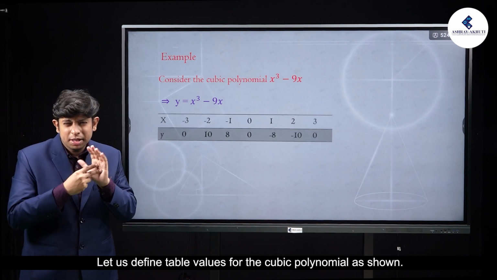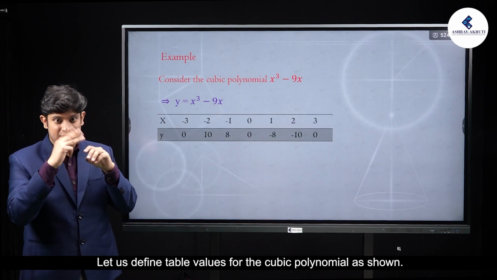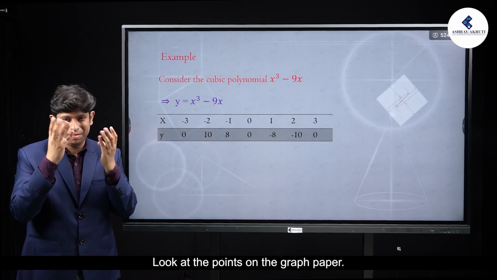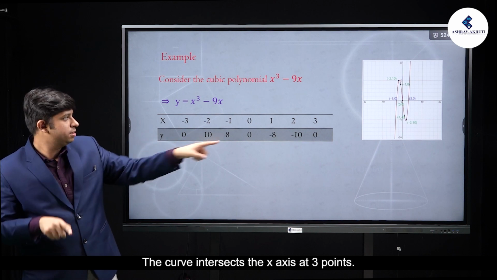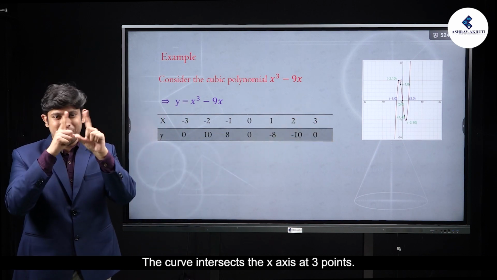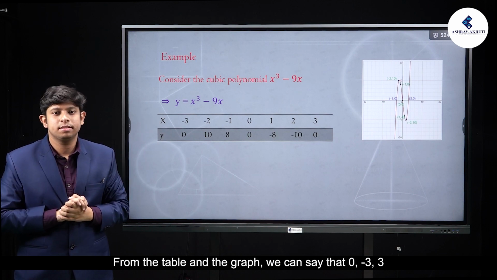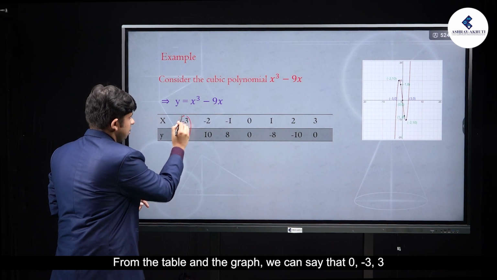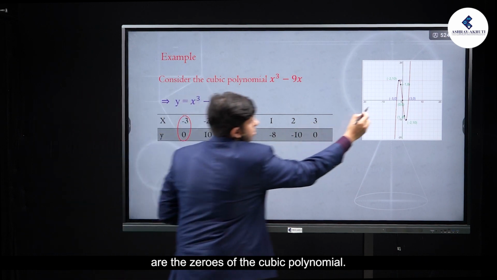Let us define the table of values for the cubic polynomial as shown. Locate the points on the graph paper. The curve intersects the x axis at 3 points. From the table and the graph, we can say that 0, minus 3 and 3 are the zeros of the cubic polynomial.